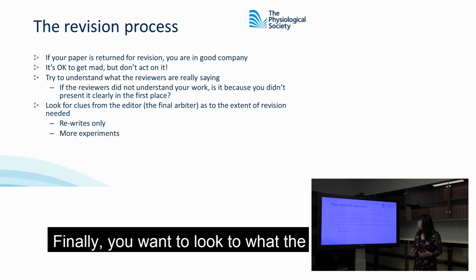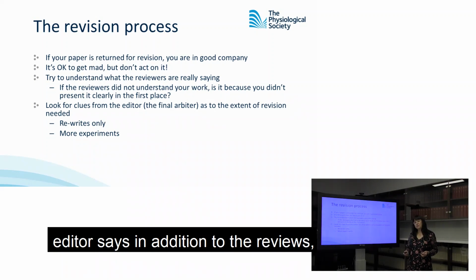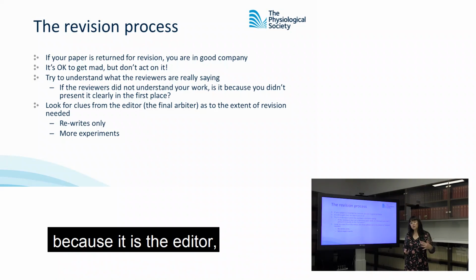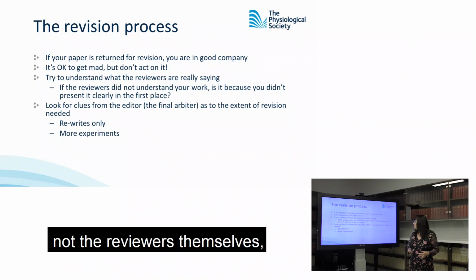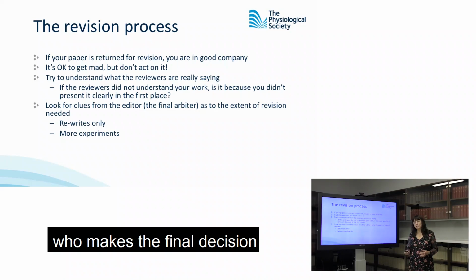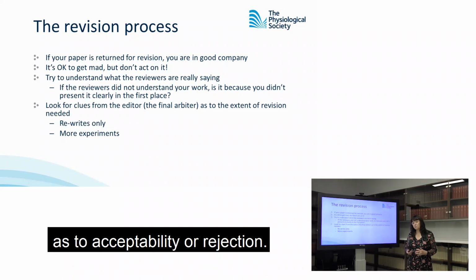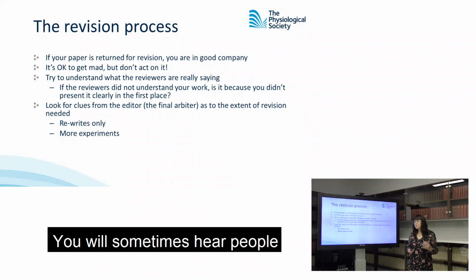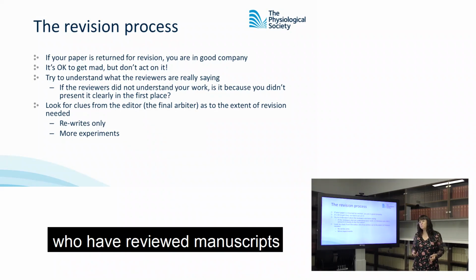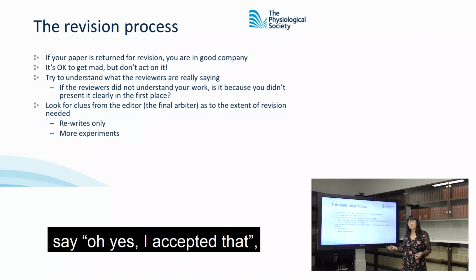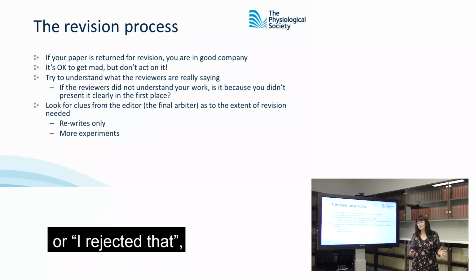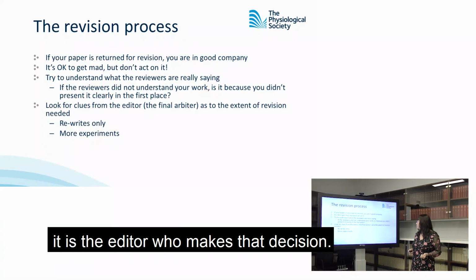And then finally, you want to look to what the editor says in addition to the reviews, because it is the editor, not the reviewers themselves, that makes the final decision as to acceptability or rejection. You'll sometimes hear people who've reviewed manuscripts saying, oh yes, I accepted that or I rejected that. But in fact, it's not their decision to make. It's the editor who makes that decision.